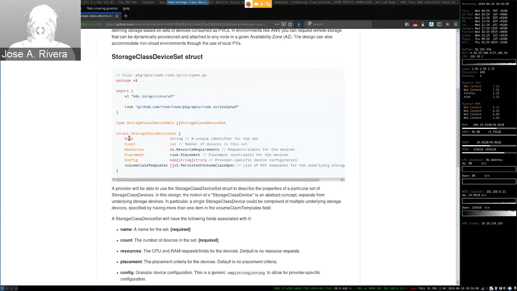I see. So it's not about the resources for the OSD per se. It's for the resources for actually getting the volume mounted. And for getting the volume mounted and running the OSD pod against it. Okay, gotcha.